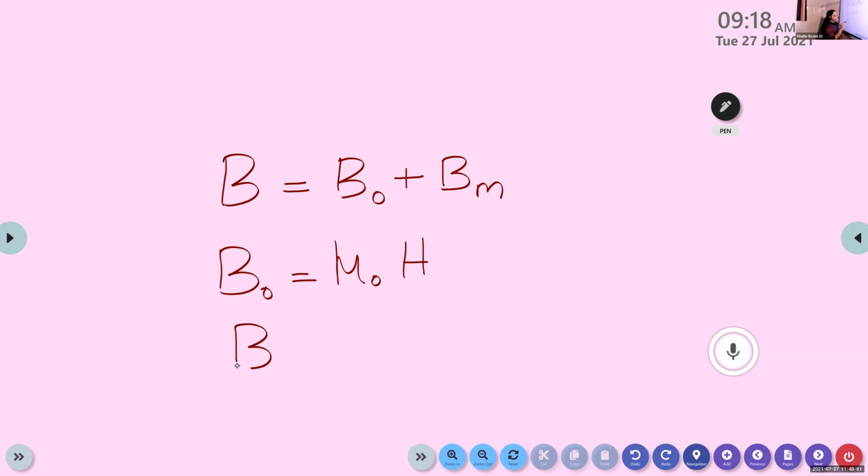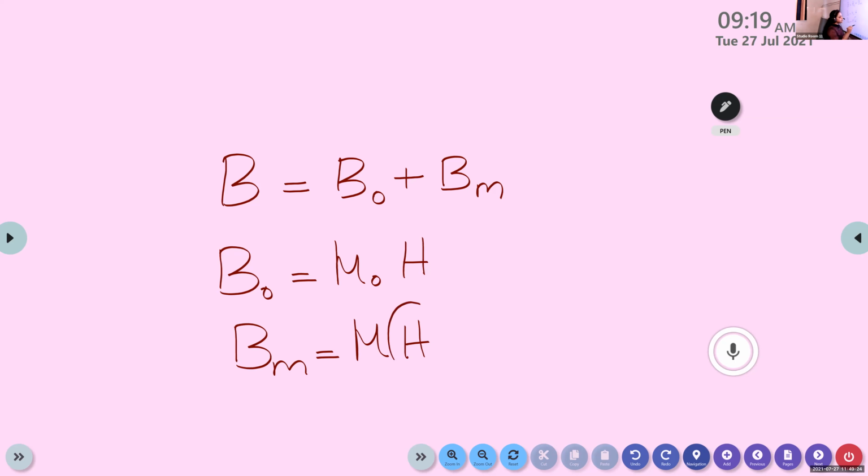And what is Bm? A material medium is present here, a soft iron core, so Bm is equal to mu H. And we know that when a magnetic material is placed in a magnetic field, here the solenoid acts as a magnet, the material gets magnetized.